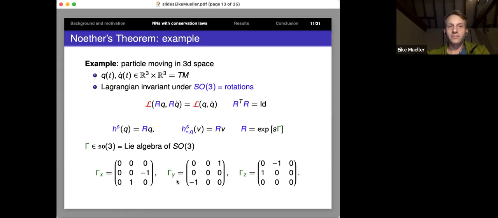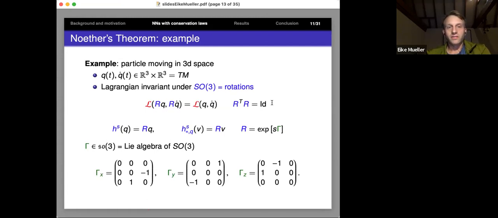And we assume that the physics is invariant under rotations, so if we rotate both the position and the velocity with some rotation matrix R, then the Lagrangian doesn't change. R is just an element of the group of rotations, SO(3), so R transpose times R is just the identity matrix.